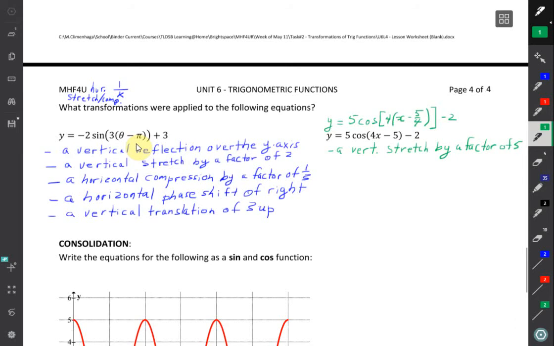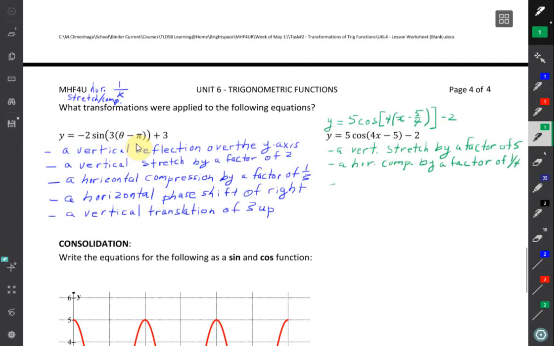So first of all, dealing with the compression, that k value, it's a horizontal compression by a factor of 1/4. Then the translation, which was affected by that 4 being factored out, it's not -5, or pardon me, plus.